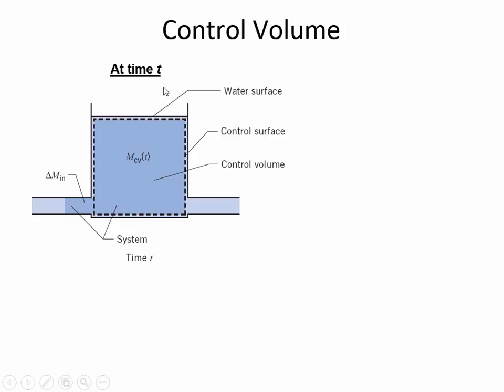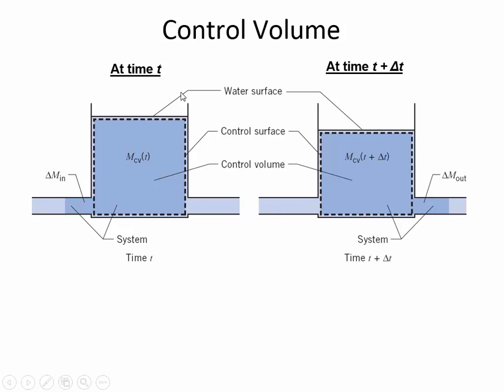A little while later, at time t plus delta t, the location of the system has changed. You'll notice that the fraction of the system that was in the inflow pipe is now inside the container, and some of the fluid is actually in the outflow pipe as well. Do you notice anything about the water surface between the two times? It looks a little bit lower.